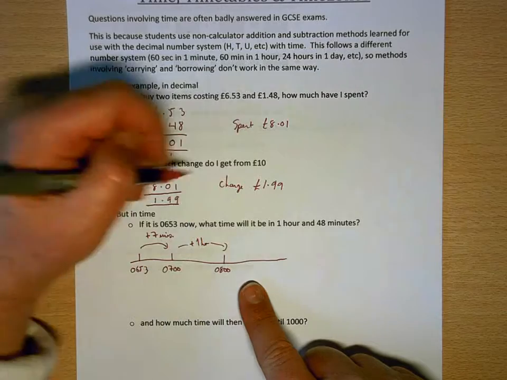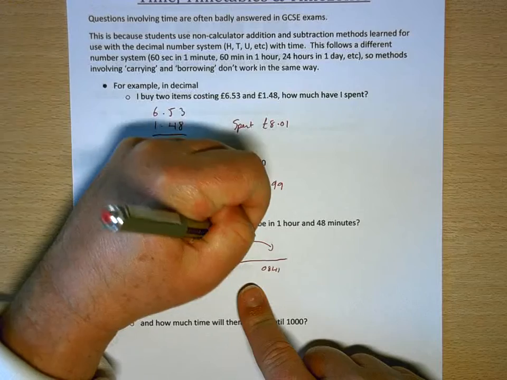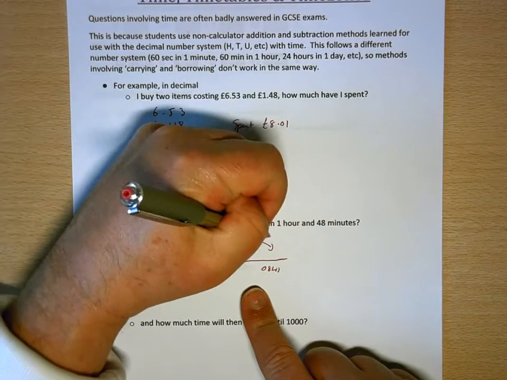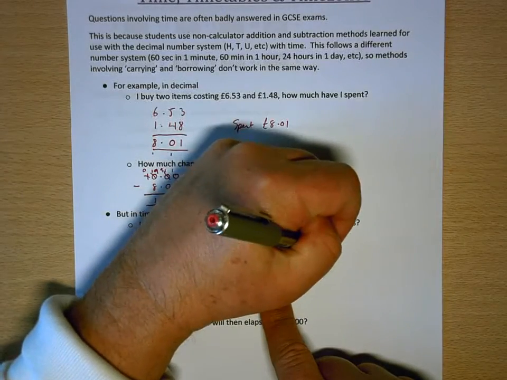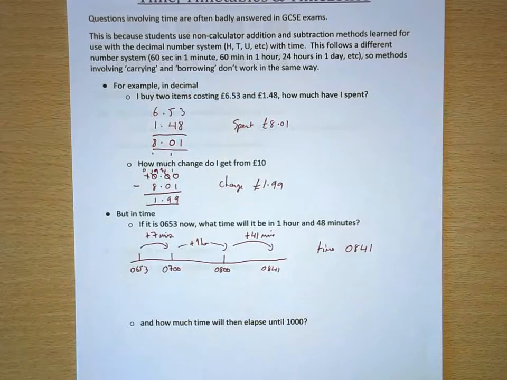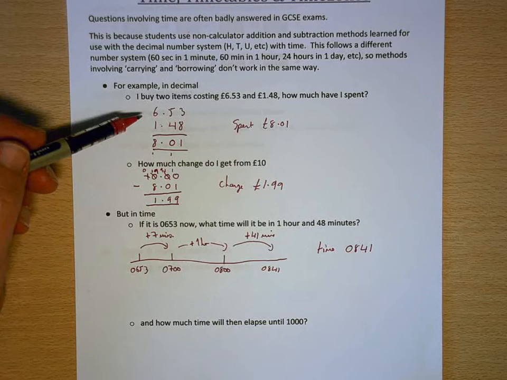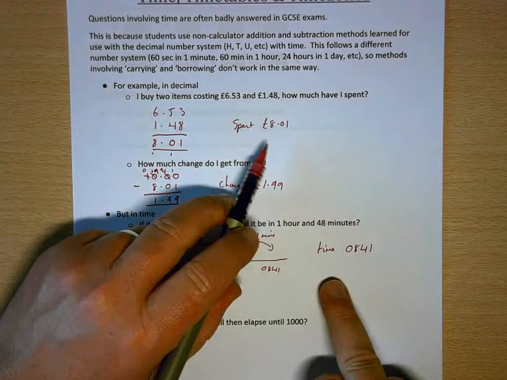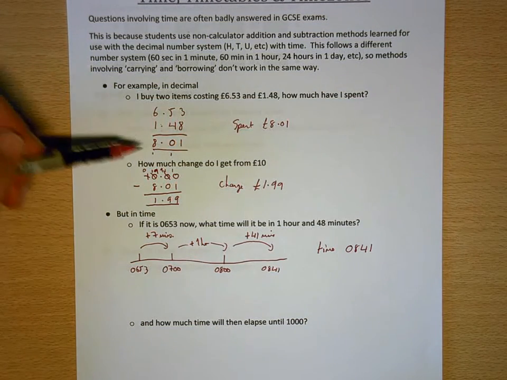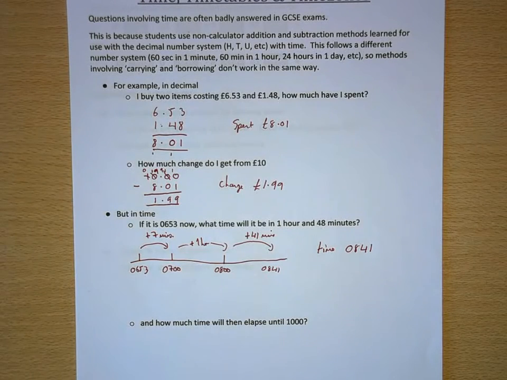So you've got another 41 minutes to go. So the time actually in 1 hour and 48 is 08:41. So you can see there that even though you're adding, so you're doing the same process of addition and you're using exactly the same digits, the answer has to be different. So you can't use your decimal methods in order to add or subtract in time.